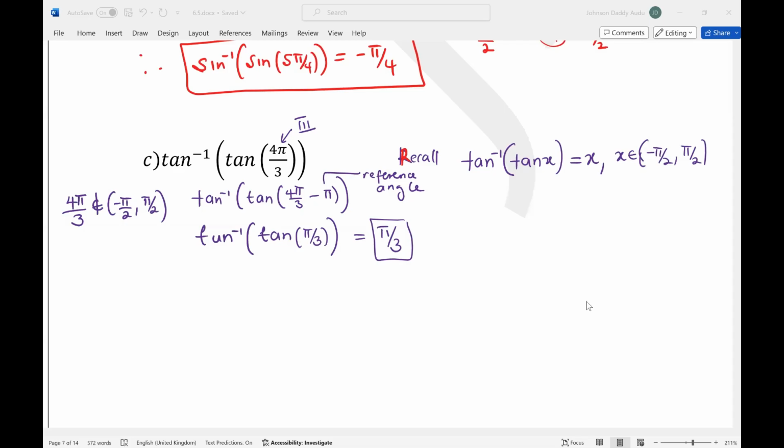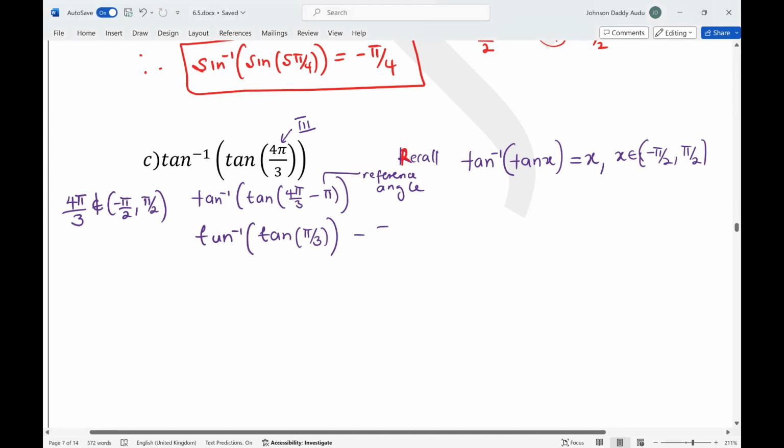All right, so here you can see that the reason why this is pi over 3 is simply because, let me just write it here, the answer here is going to be just pi over 3.